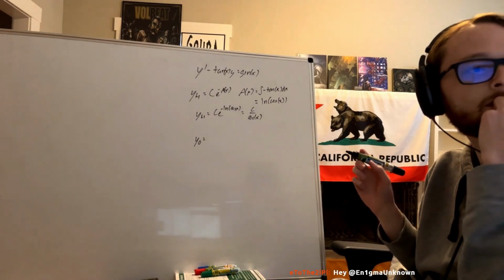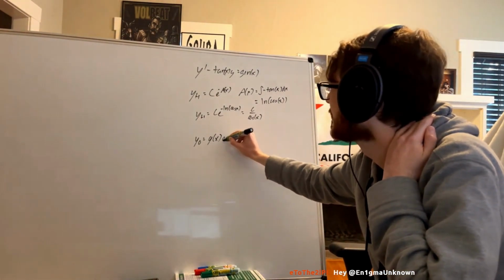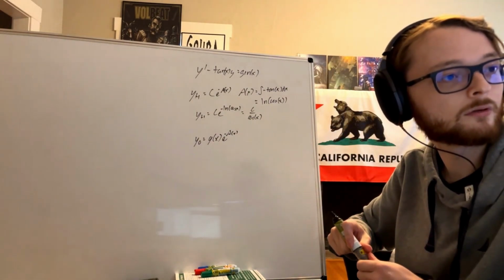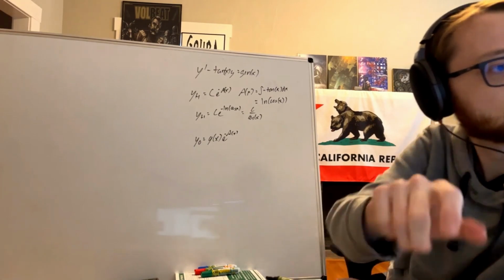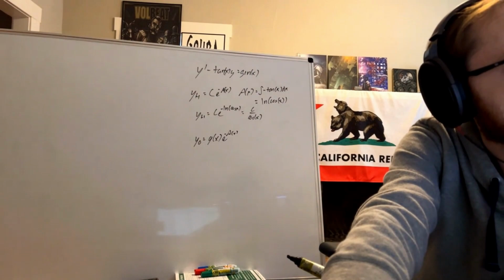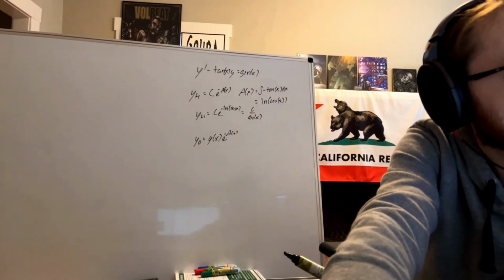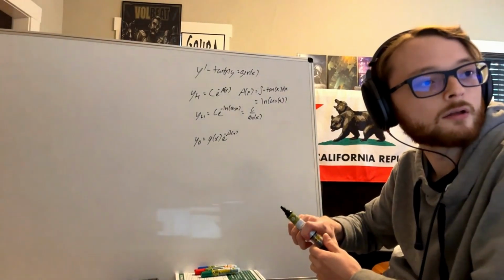So g of x, e to the minus a of x. Didn't they drop the minus sign in theirs though? I don't think you should, though, if they did. No, they still have the minus sign in theirs. Huh.